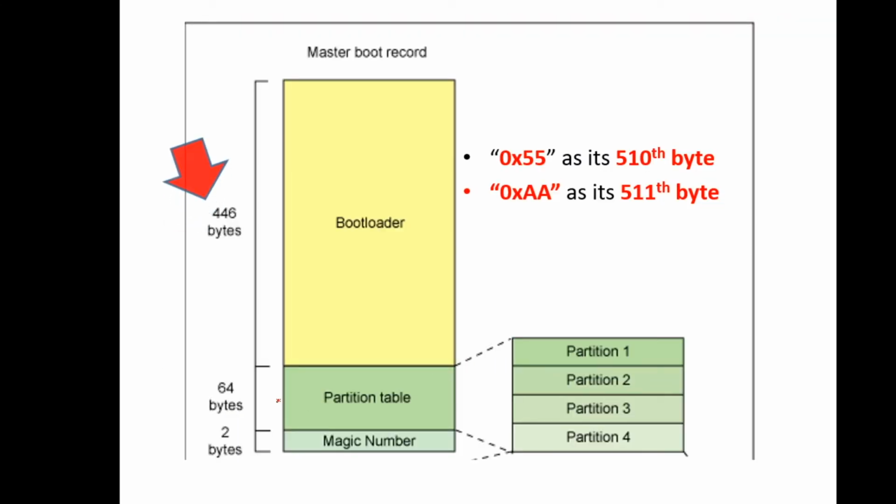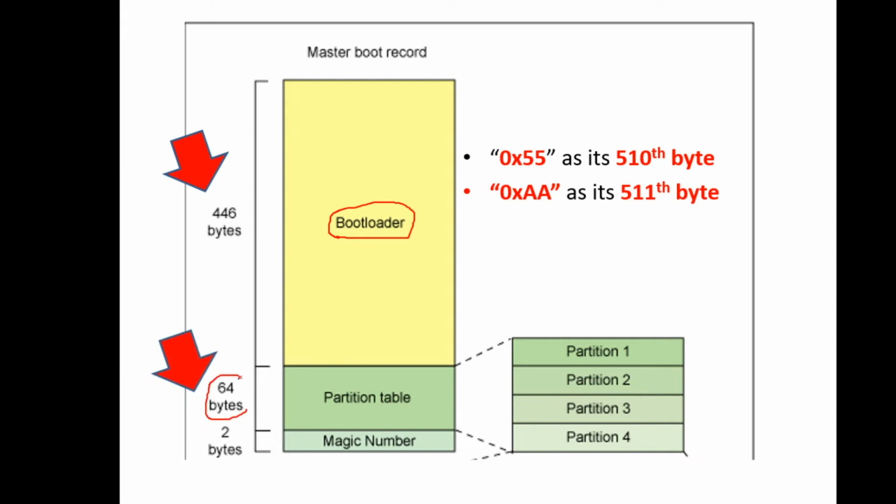To visualize it, we have 446 bytes where we are going to have the bootloader. All the code for the bootloader will be kept in this part, and the partition table will be kept in the next 64 bytes.